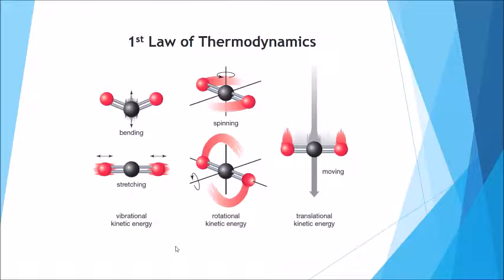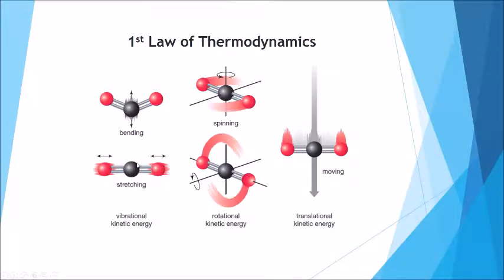Let's examine the way in which energy, in particular kinetic energy, can change within a system. So first of all, you have what we call a vibrational kinetic energy, a mode of vibration. So here we have a polyatomic molecule, meaning many atoms, and it's possible in this structure for there to be bending or flexing within the molecule. It's also possible for stretching to occur.